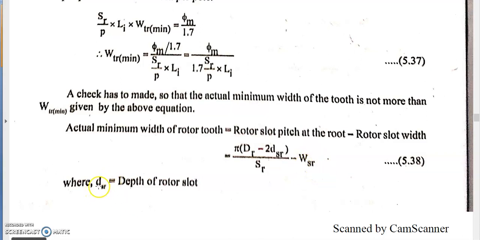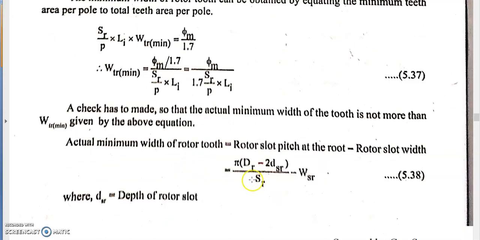Once the width of the slot is known, by subtracting the width of the rotor slot from the rotor slot pitch, we can calculate the minimum width of the rotor tooth. So this is the formula.